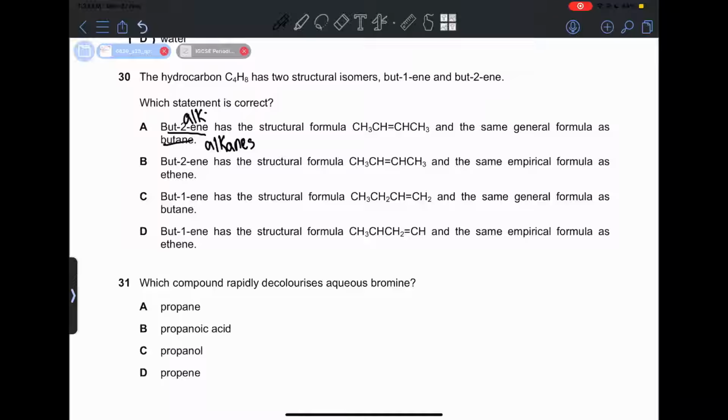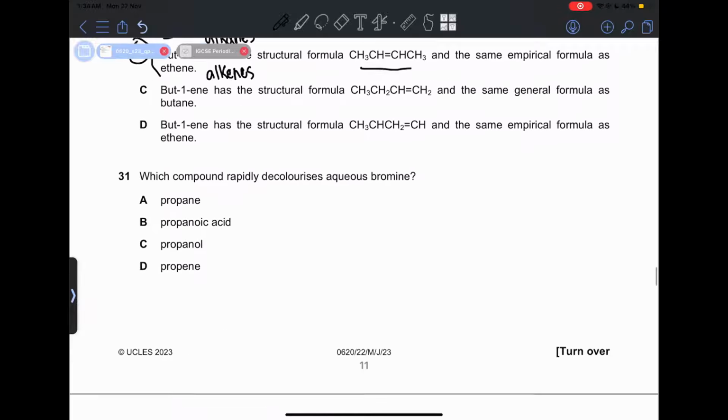B, on the other hand, says butene has the same structural formula and the same empirical formula as ethene. Actually, this is a correct answer because they have the same empirical formula, not general formula, and they also share the same homologous series, which is alkenes, and so this is the correct answer. So our answer is going to be B.